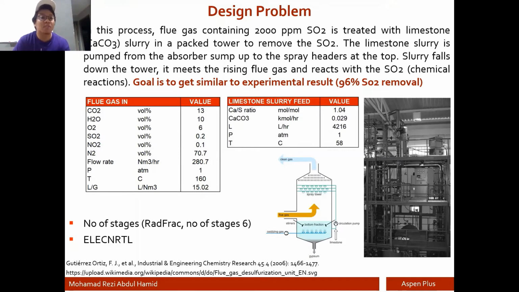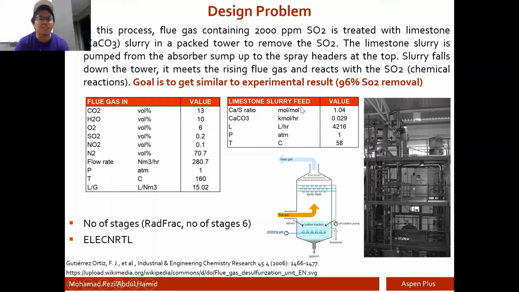The goal of our simulation is pretty straightforward. We would like to obtain SO2 removal similar to the experimental result, which is 96% of SO2 removal. But if we get better SO2 removal, that would be even better. This table shows the condition of the incoming flue gas as well as the condition of the limestone slurry feed.